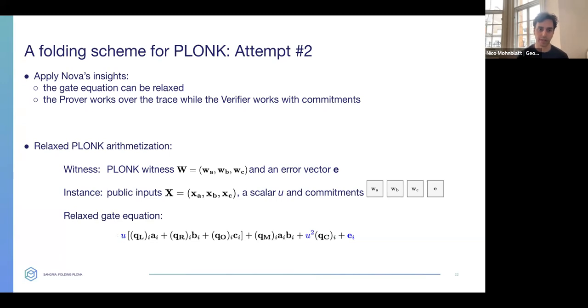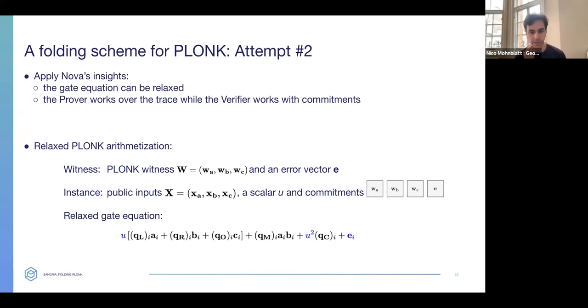The instance of your relaxed arithmetization is again a classic instance. So the top part of the matrix, a scalar u, and commitments to all the witness, including the error vector. And again, this will allow us to have knowledge soundness. And at the bottom, you have the relaxed gate equation.